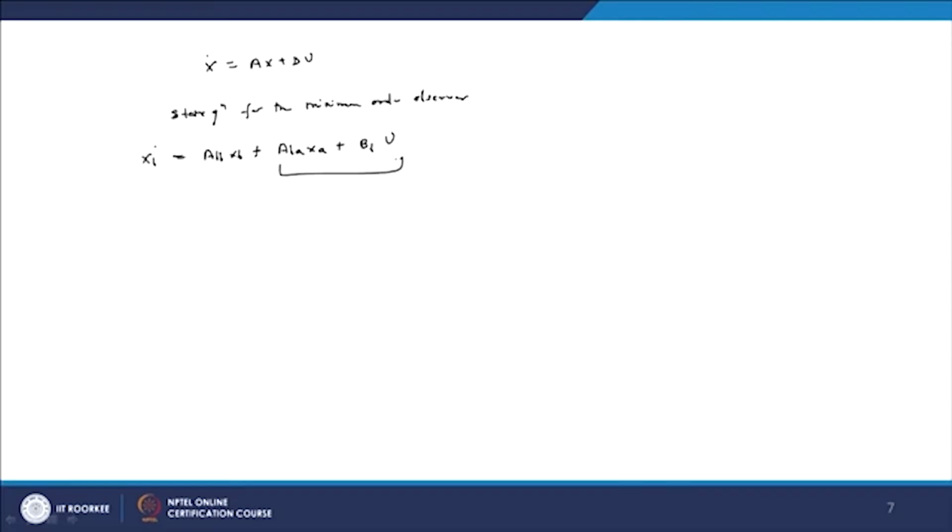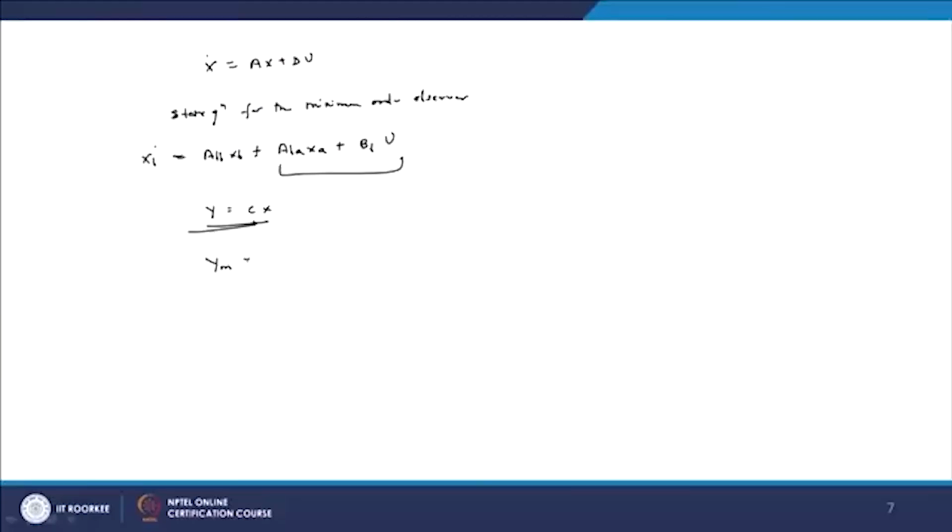Now, the output equation for the full order observer we can write down as y equal to Cx, but the output equation for the minimum order observer can be written as Ym equal to AB into XB.